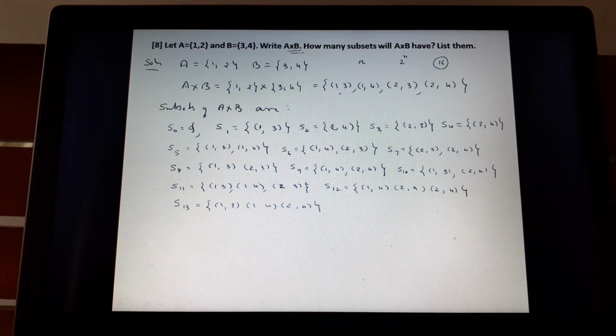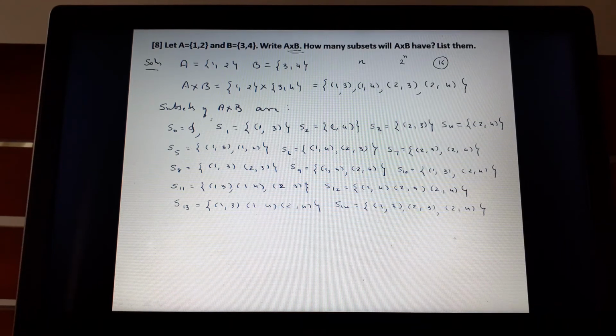And the last one, S14, will be 1 3, 2 3 and 2 4. You can check here, they are all different subsets. So these are the four subsets having three elements.